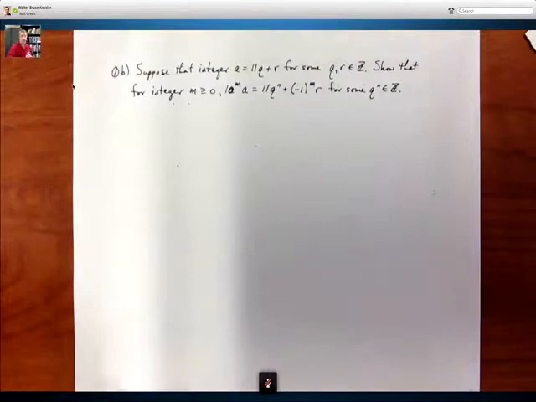We want to show that, and still we've got the condition on a, show that for integer m greater than or equal to 0, 10 to the m times a equals 11q double prime plus negative 1 to the m times r. All right, so let's do that.